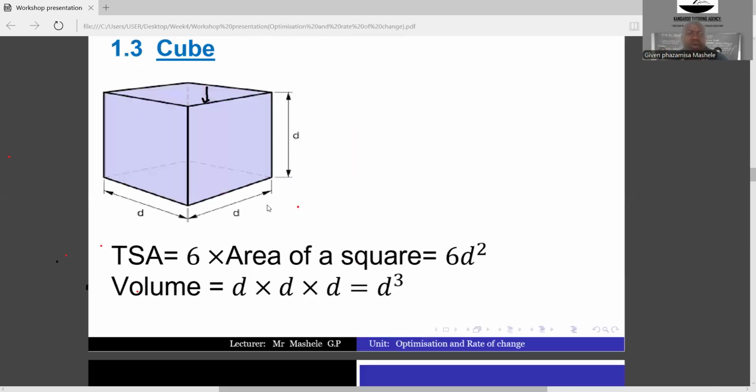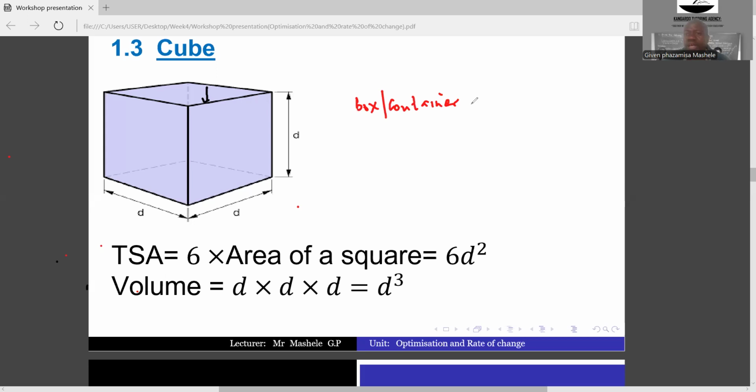All right, then the other one is the issue of a cube. Remember, what is a cube? A cube is just a box or a container that is made up of squares. So it means if we form a box or a container using squares, then that shape becomes a cube.